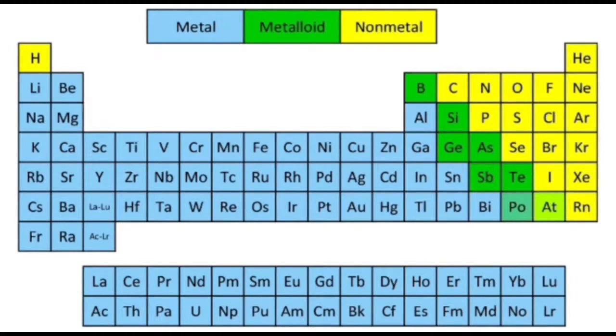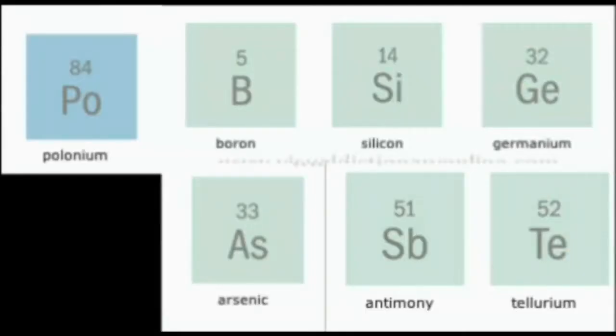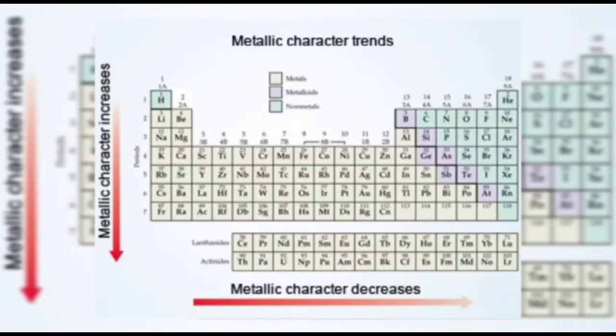You can see the semi-metals or metalloids like silicon, boron arranged in a slanting zigzag line. The metalloids are boron, silicon, germanium, arsenic, antimony, tellurium, polonium. So there are 7 metalloids in my table. We know metals tend to lose electrons while forming bonds. That is, they are electropositive in nature.